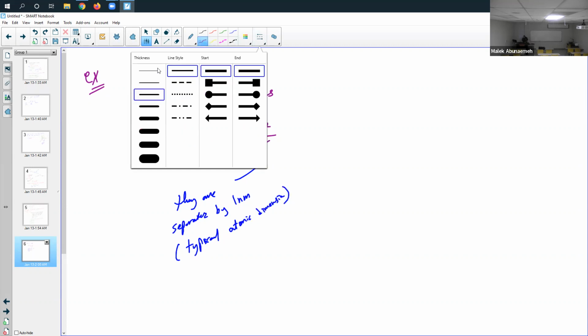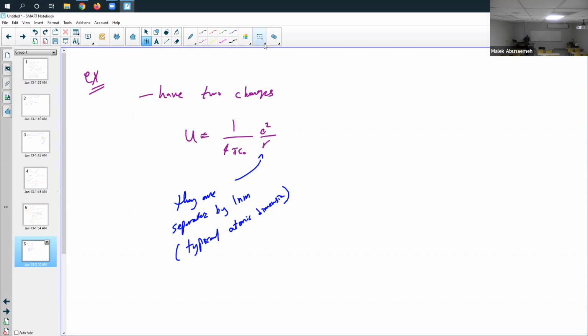So basically, our potential energy for those 2 charges is going to equal e squared over 4 pi epsilon naught times 1 over R.